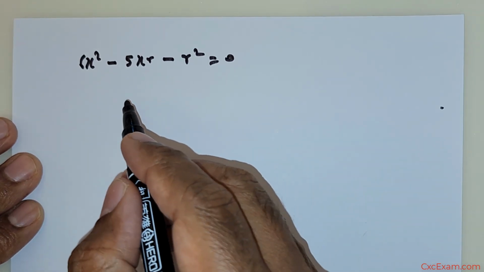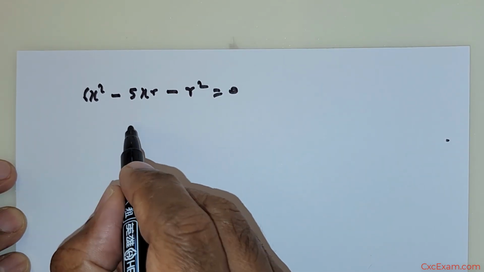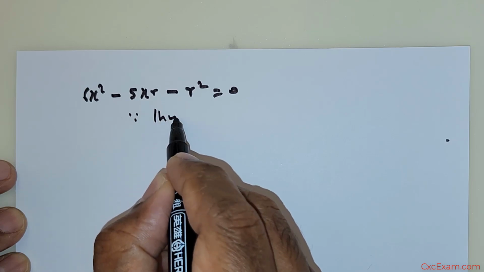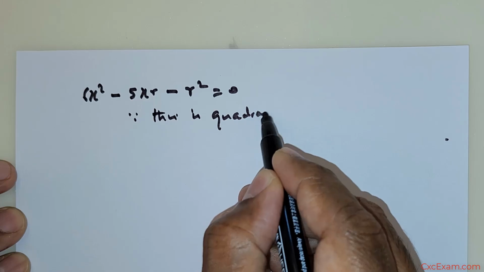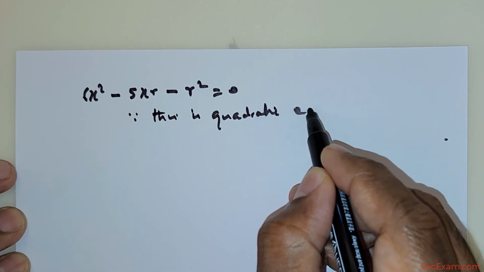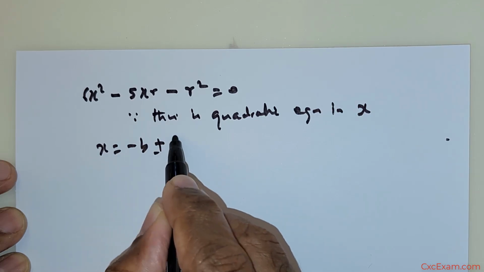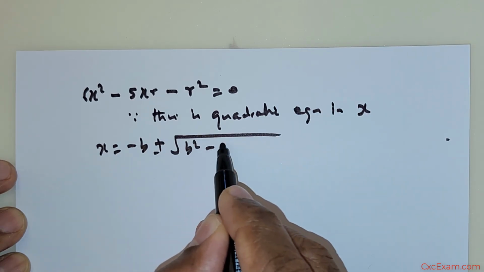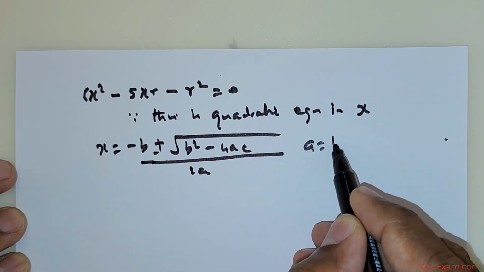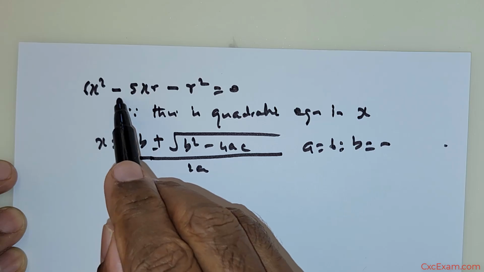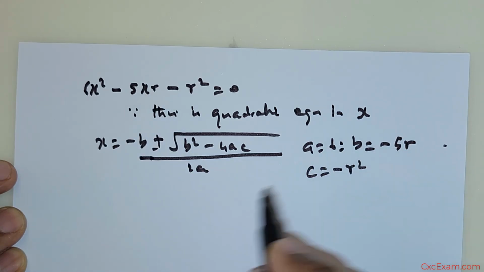So what we are going to do is use the quadratic technique, because this is a quadratic equation in x, so we use this formula: x is equal to negative b plus or minus root of b squared minus 4ac divided by 2 times a, where a is equal to 6, b is equal to negative 5r, and c is equal to negative r squared.